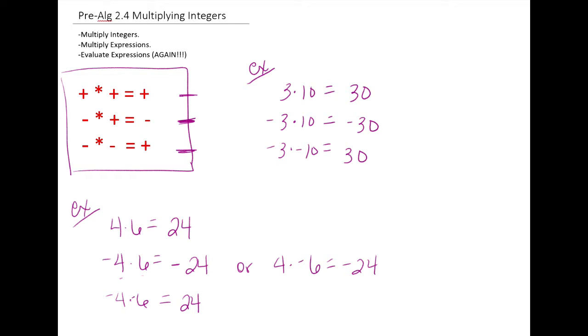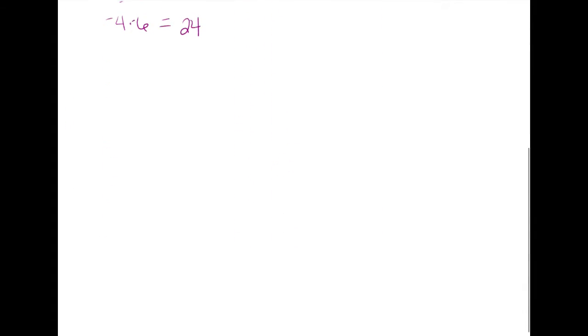Okay, we're going to continue getting practice with this. I'm going to give you one more example with more than one number here. What if we had something like negative 2 times negative 3 times 5? This is multiplication, which means any order goes. But in general, I work left to right when I can.